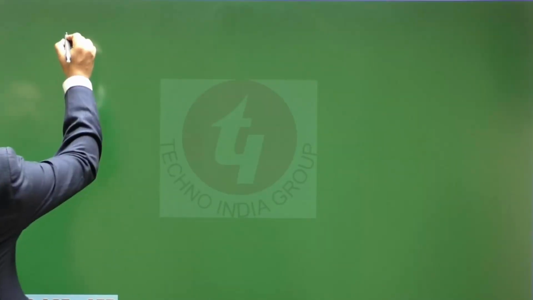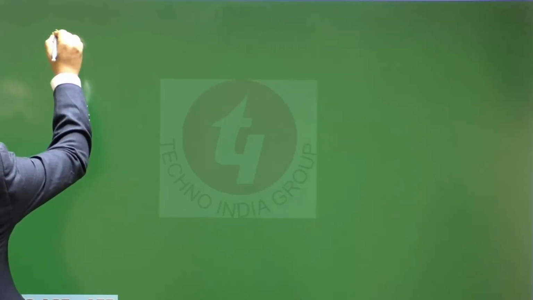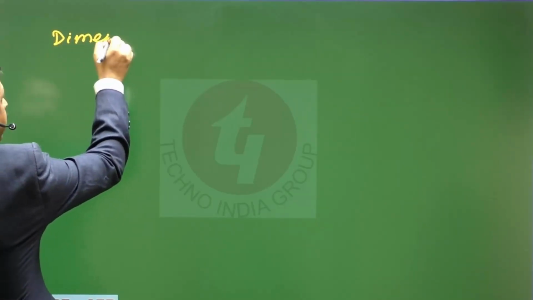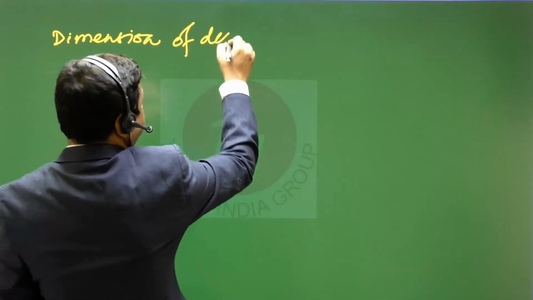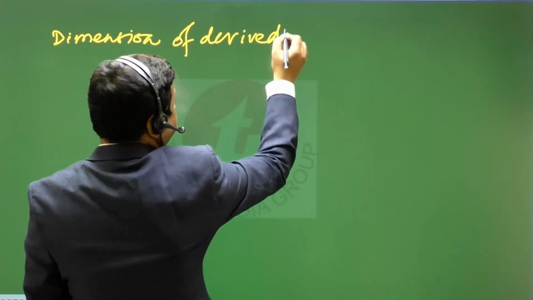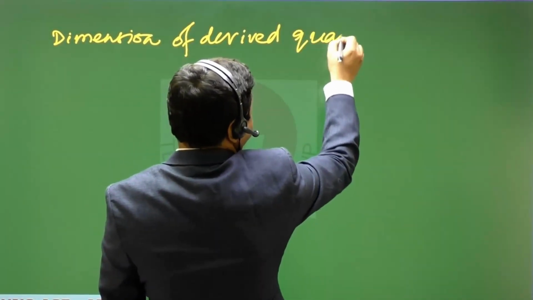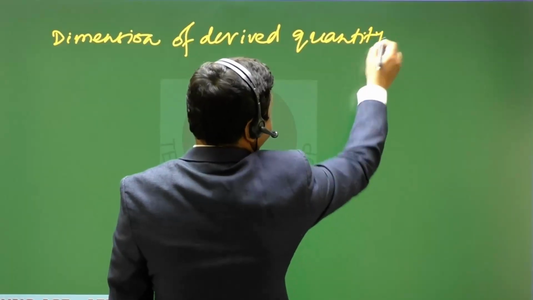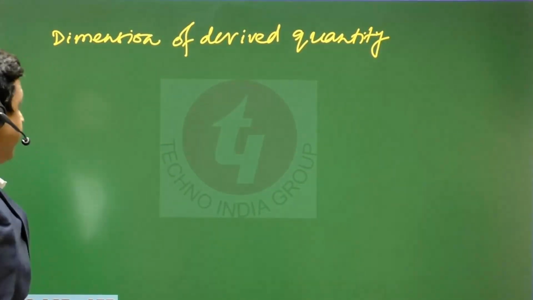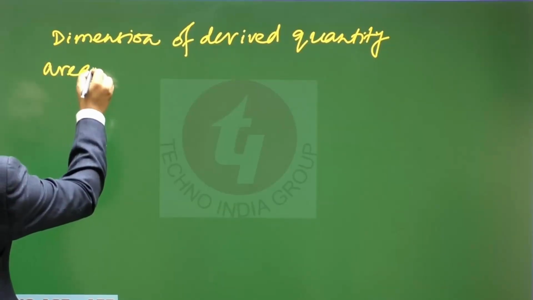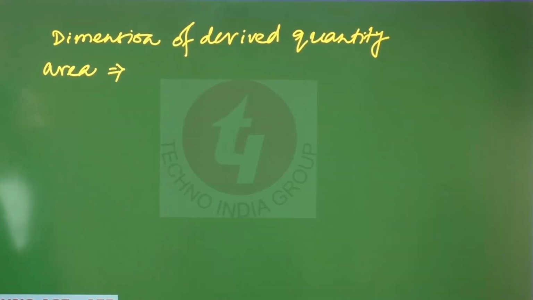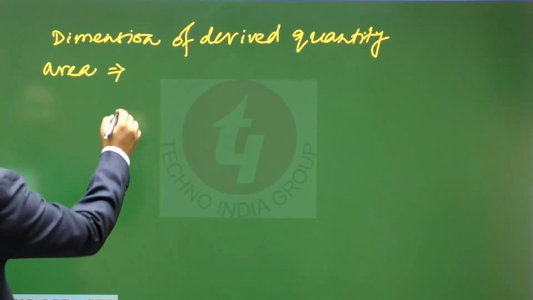Now the dimensions of derived quantities. Like say first area. What is the dimension? This is basically length into breadth.